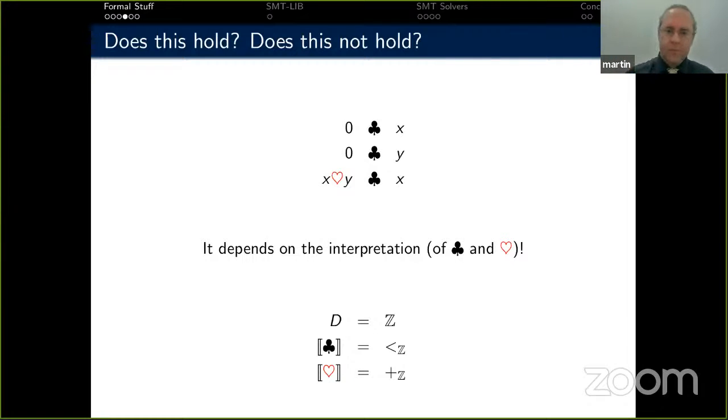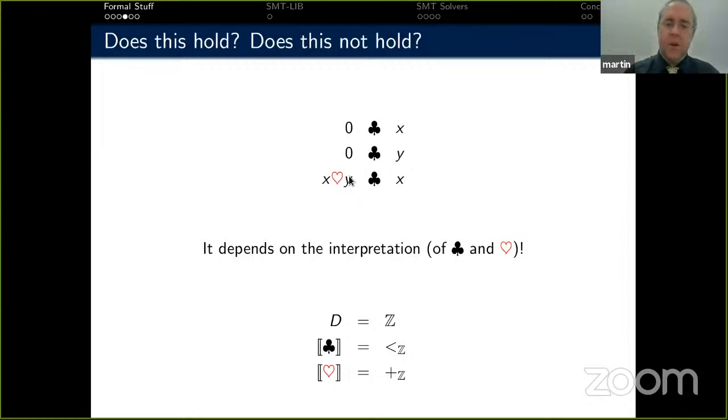So formally, we've got our signature, which is club and heart. We've got our formula, which is implicitly, if we give a set of formulae, we mean anding all of them together. So we've got 1, 2, 3 predicates, all of these things are terms, and this one is a function application.